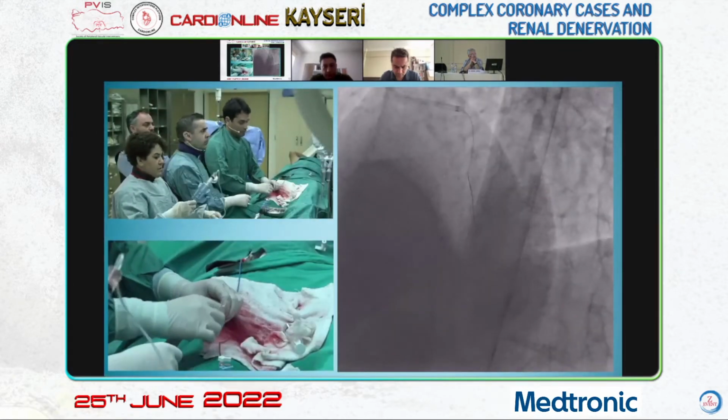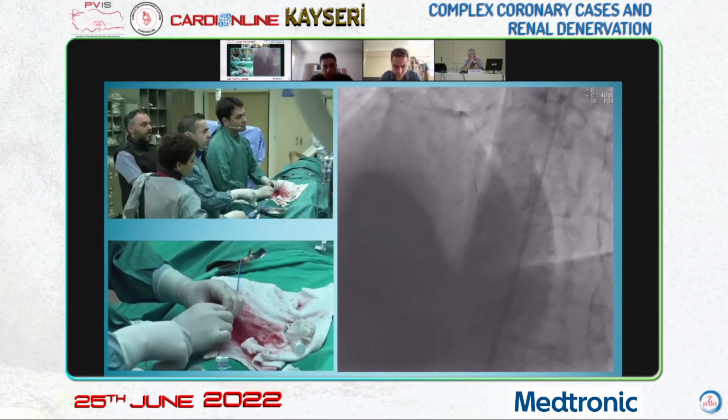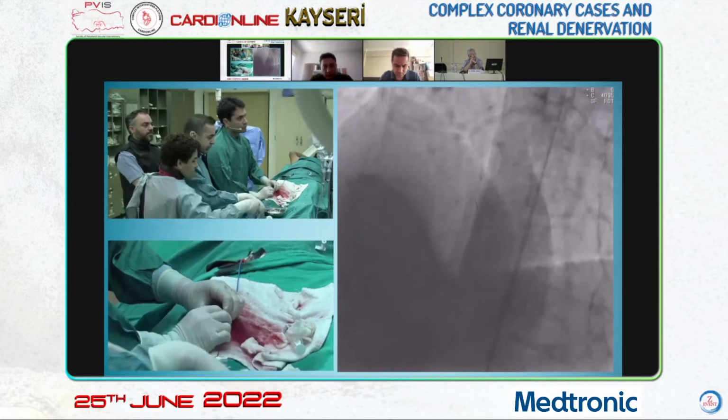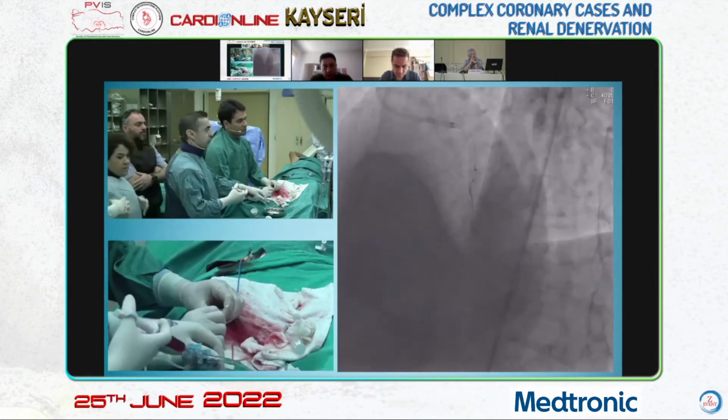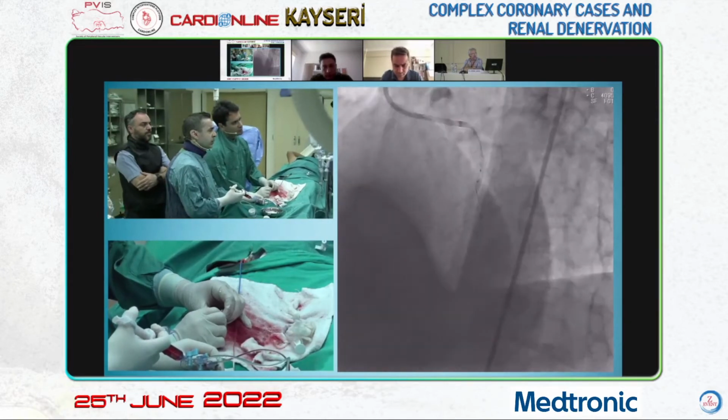If we are thinking of a dilation, it should be made with the simple balloon. I don't think the medicated balloon will be good, but the other parts are going very well.